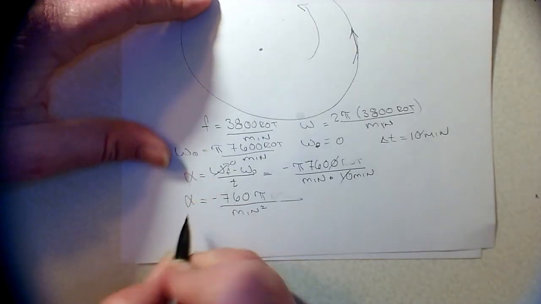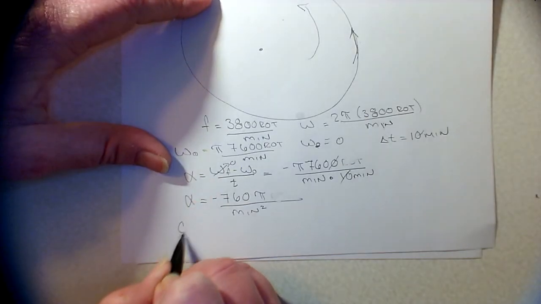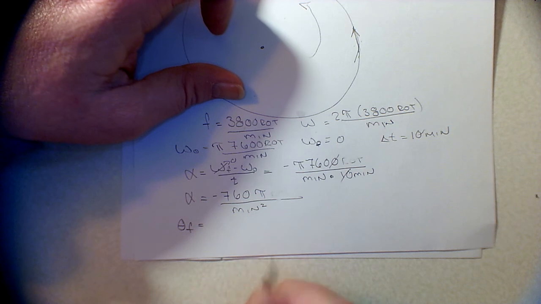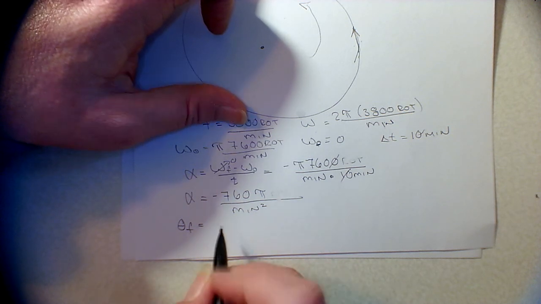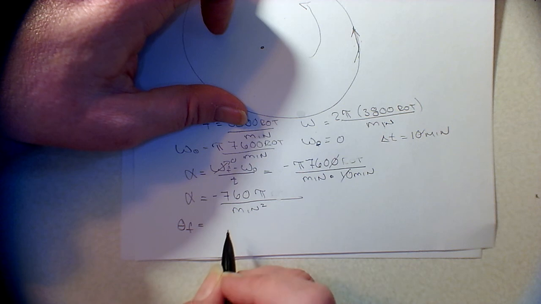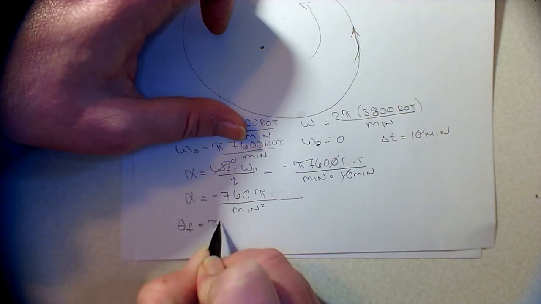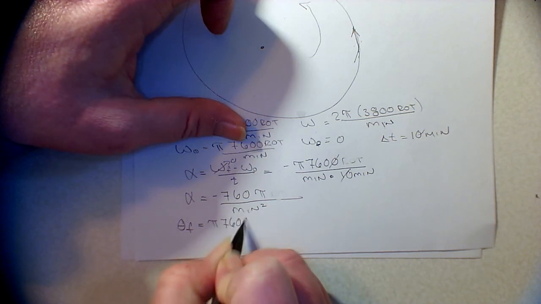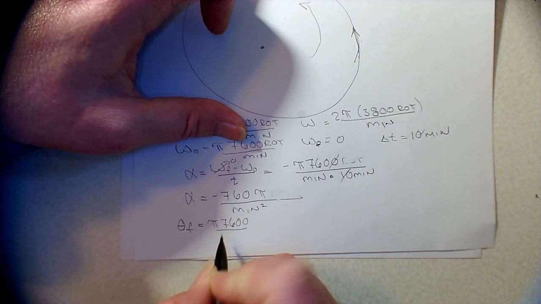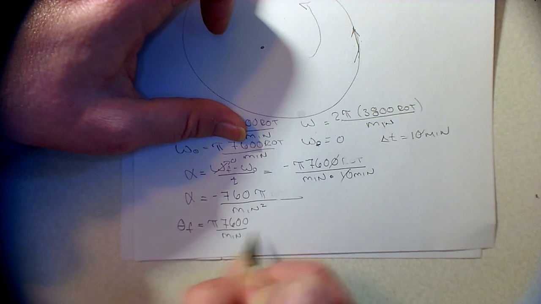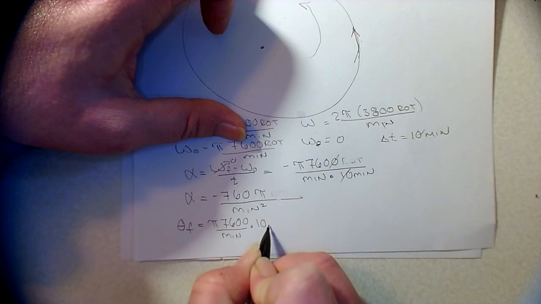So coming down here then, theta final is going to equal omega naught t. And again, I'm going to stick in terms of minutes because everything's in minutes, so it's just easier to do. Say I have omega naught t, there it is: pi times 7600 per minute times the time, the 10 minutes.